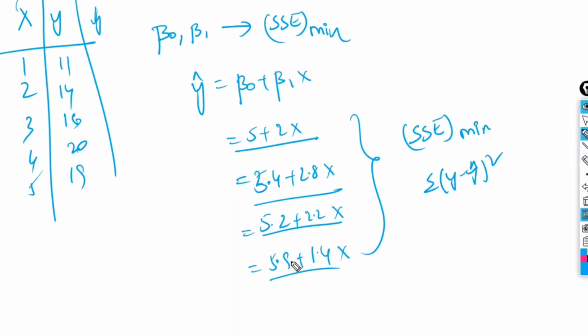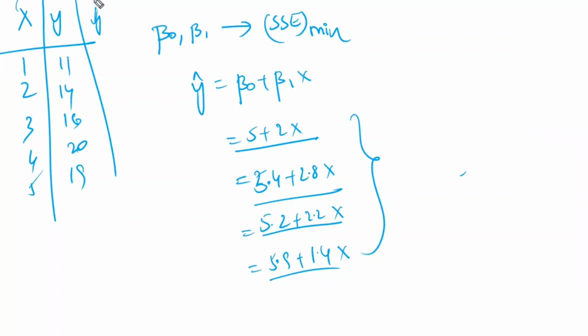Assume these are the 4 equations. Now in ridge regression, you have to select the equation y hat. Substitute the x values, get the y hat values, and do the y minus y hat whole square formula.